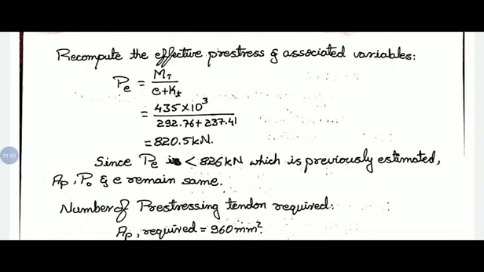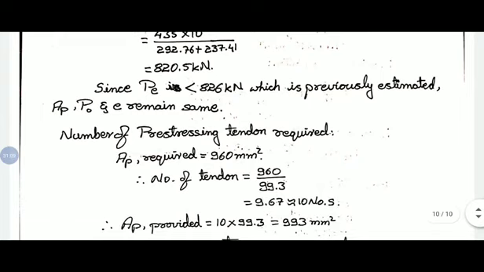and eccentricity. The number of tendons required: the area of the tendons is given in the question itself. It is 99.3 mm square. So AP required is equal to 960 mm square. So for that 960 mm square, total area upon area of each tendon, we will get 9.67. So approximately we need to provide 10 tendons.